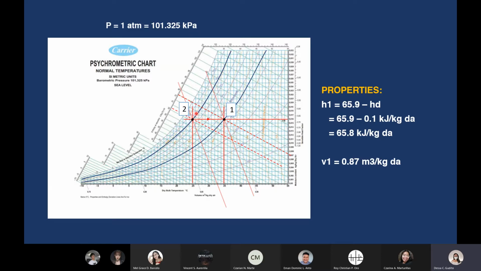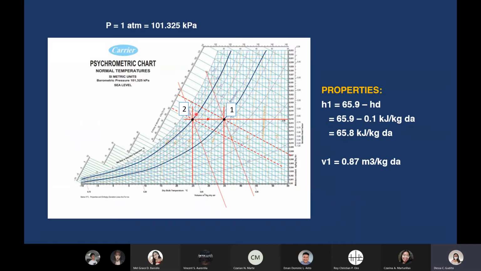So we take 25 degrees Celsius on the dry bulb temperature, and then our relative humidity at 80%. This curve here is 80%. So at their intersection, that point is automatically point 1. Sorry guys, I made a mistake. So this is point 1, and this is point 2.